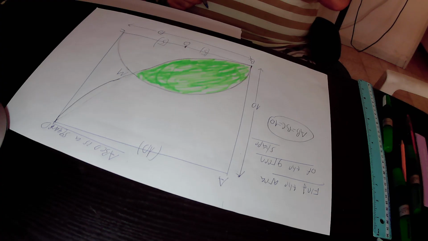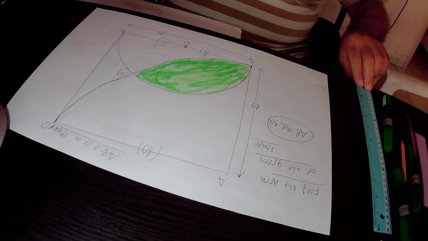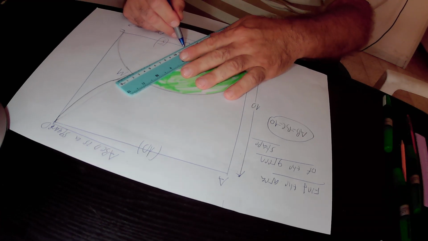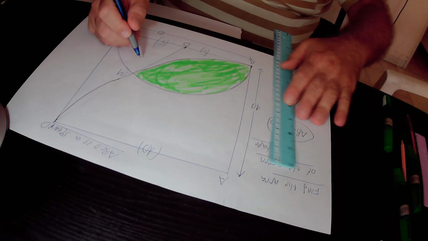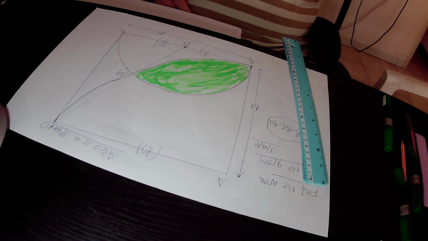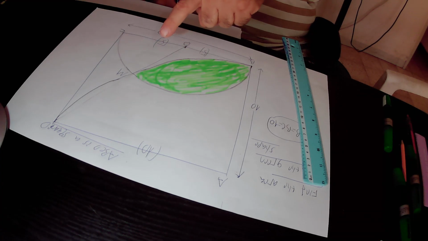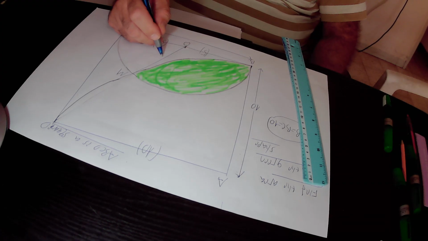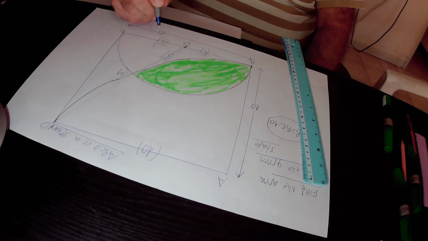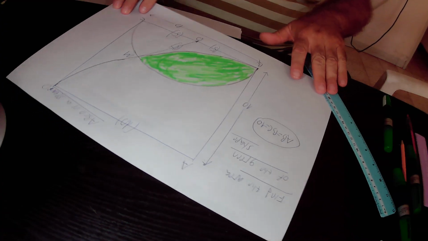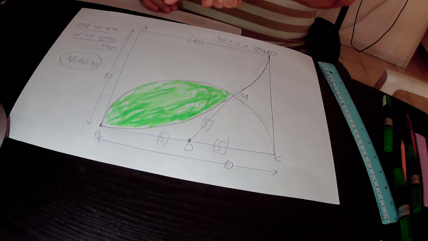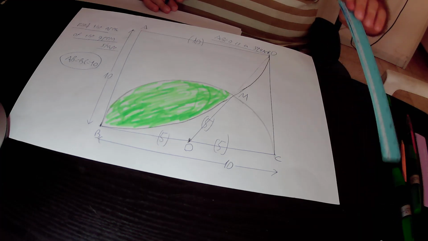And we join points O and M together by a straight line. Point O is the center of the semicircle, point M is a point on the semicircle itself, therefore OM is the radius of the semicircle, equal to 5. In the next step, we join points A and M together by a straight line.